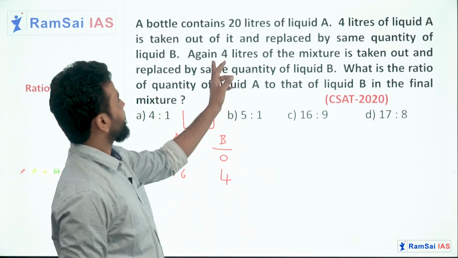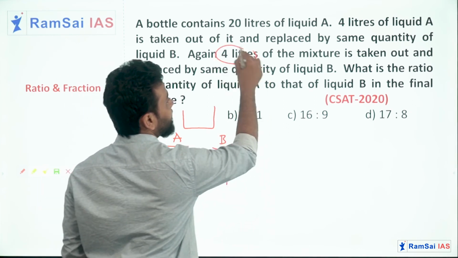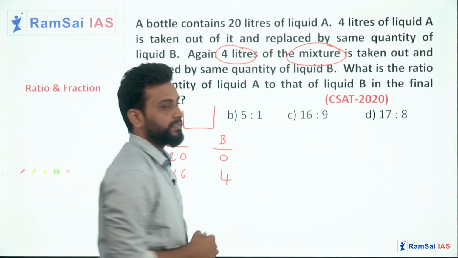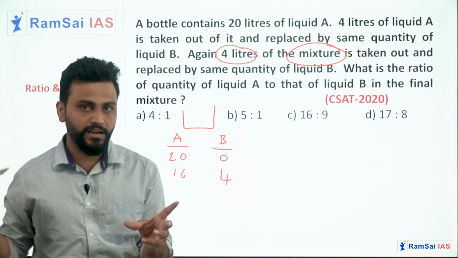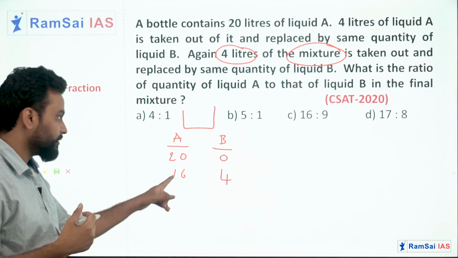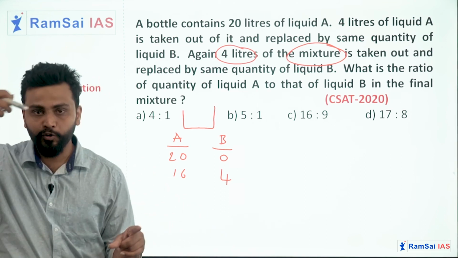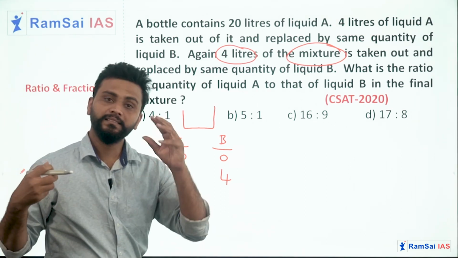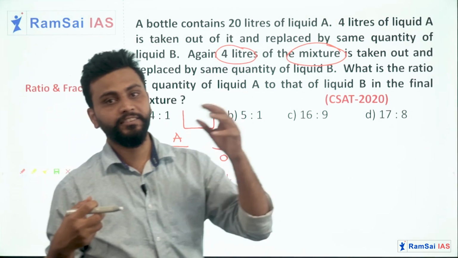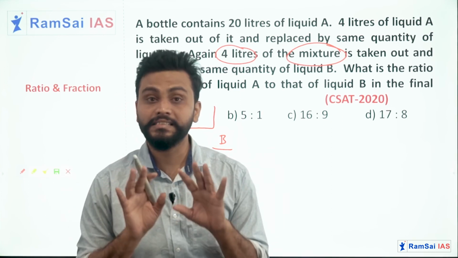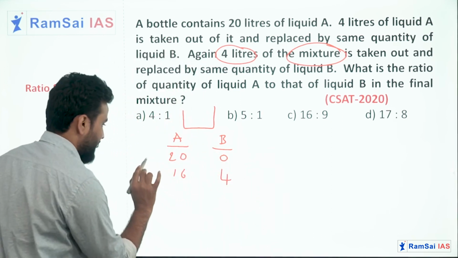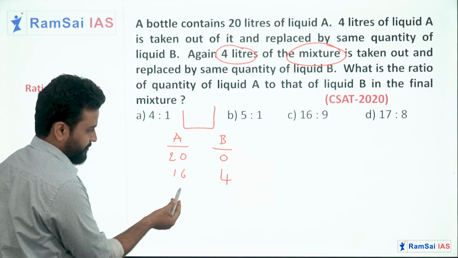Again 4 liters of the mixture is taken out. This time we are taking the mixture out. It does not mean that we are taking only liquid A. We are taking 4 liters out, which means liquid A and liquid B will come out in the same ratio. So, I will find out their ratio.